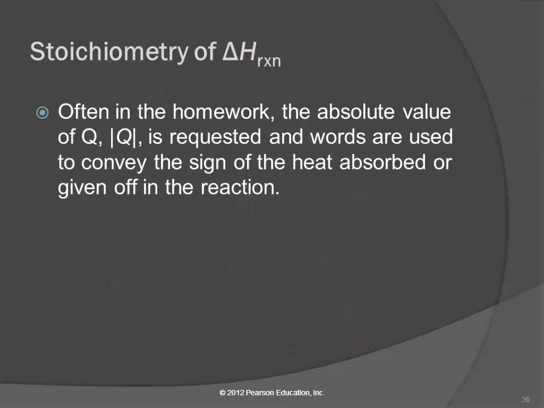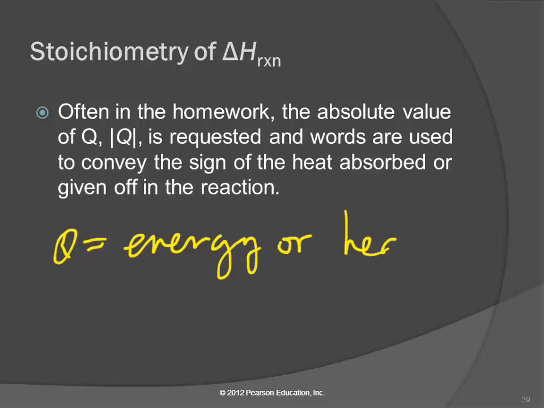So a word about Mastering Chemistry. Q is energy. They didn't really use that in this chapter, but Q is energy or heat. So in Mastering Chemistry, they're often asking you for the absolute value of the heat.